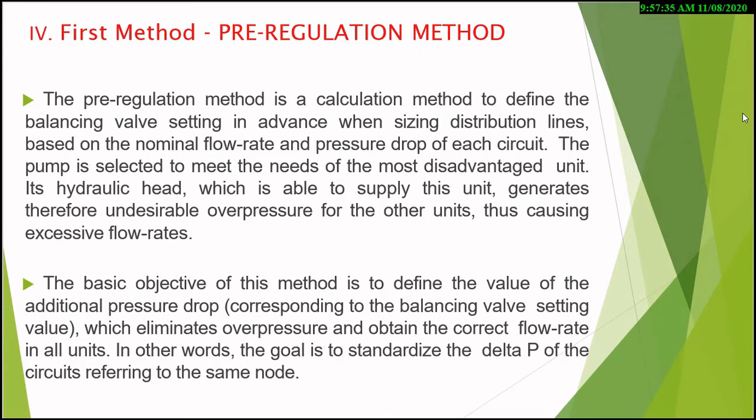The pump is selected to meet the needs of the most disadvantaged unit. Its hydraulic head, which is able to supply this unit, generates therefore undesirable overpressure for the other units, thus causing excessive flow rates.